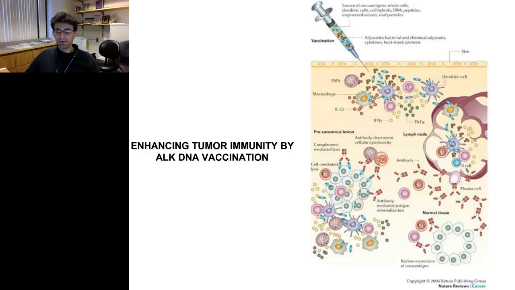The ALK protein will be presented as a single peptide to the immune system, and a specific cell-mediated cytotoxic response will be developed by the organism. In this case, all the studies are done in mouse models. So DNA vaccination is very effective.